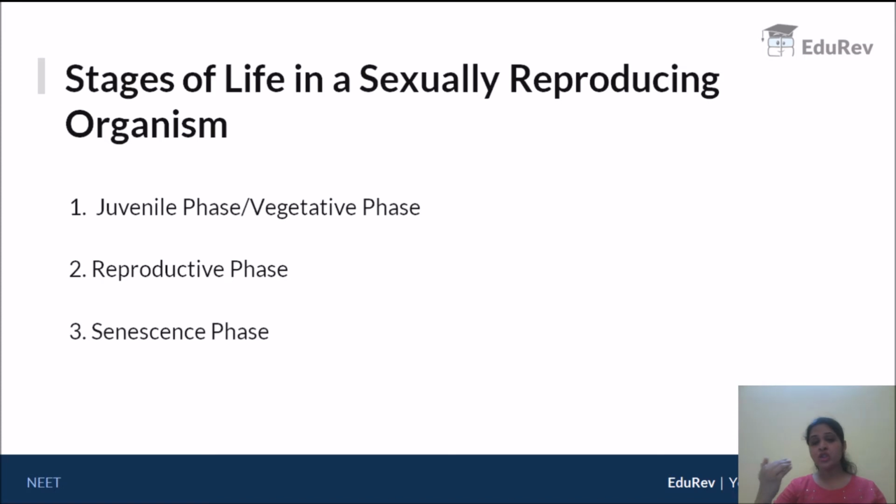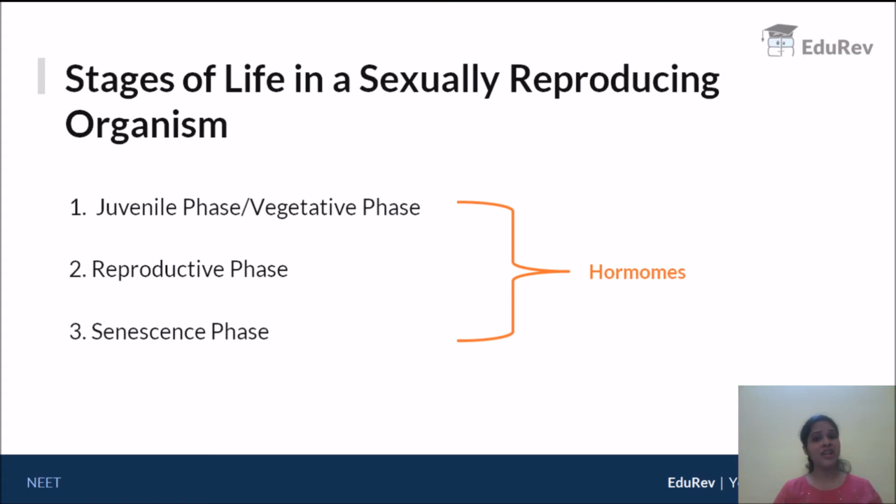Now, a transition between these 3 stages normally takes place because of changes in hormones. For example, let's take a human male. Let's say a young boy, from the age of 0 to around 12, until the testes start functioning and producing testosterone, there is hardly any, or rather no, testosterone. At that time, you will say that the boy is behaving like a child.